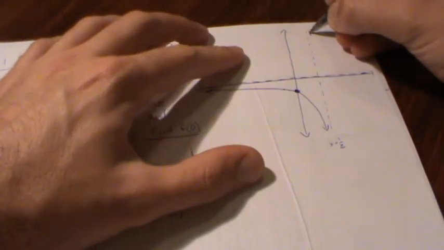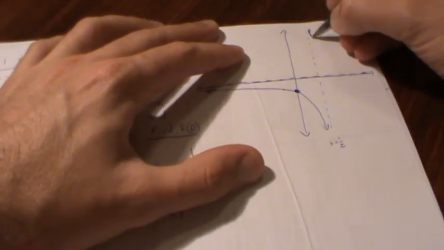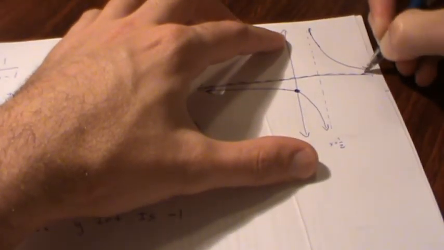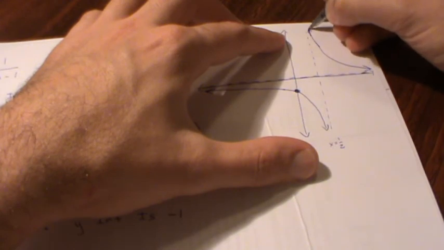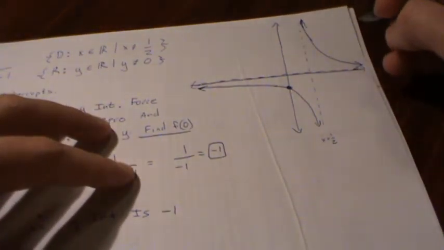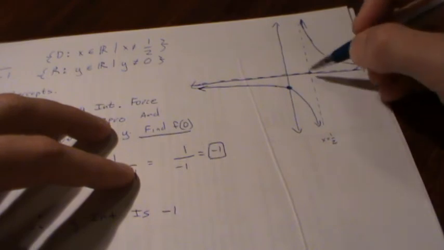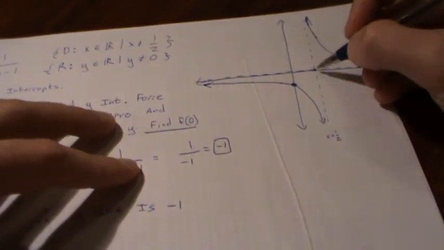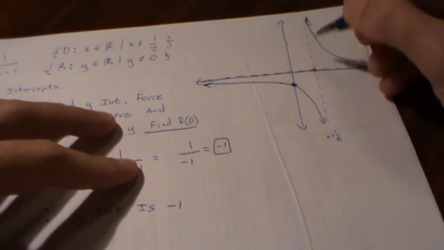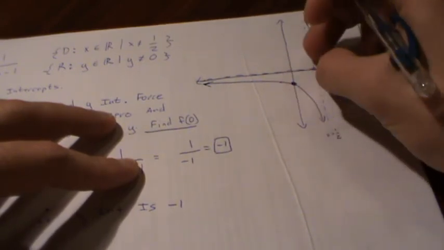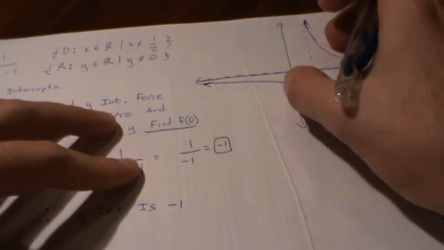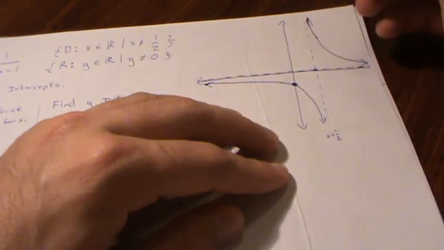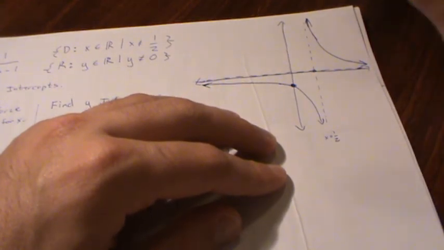But then it turns out that the other side of the graph looks exactly the same. It will also do one of these things here, okay? Because these graphs have what's known as point symmetry around the intersection of their asymptotes. Point symmetry means that if I choose a point and look at it as if it were the center, then the graph will have mirror images around this point, more or less.